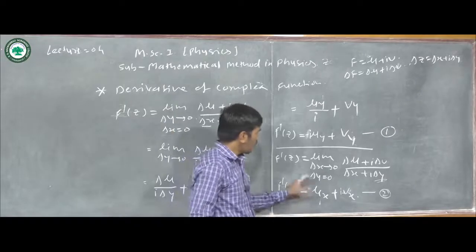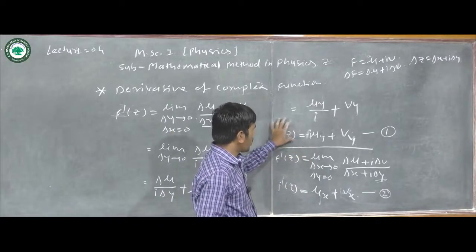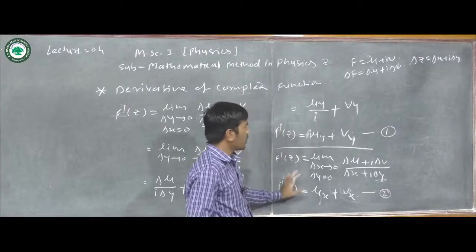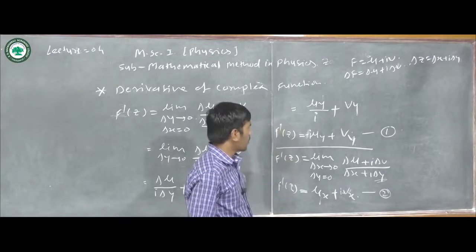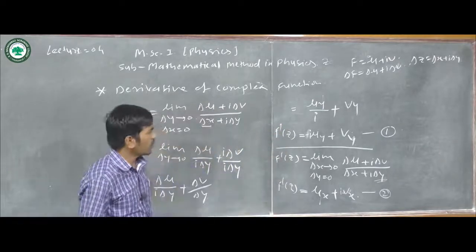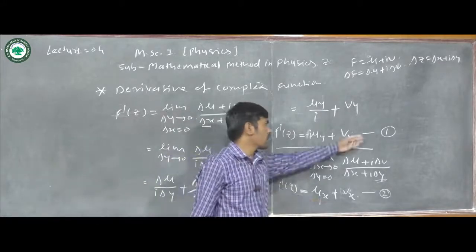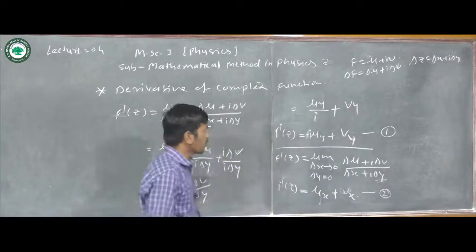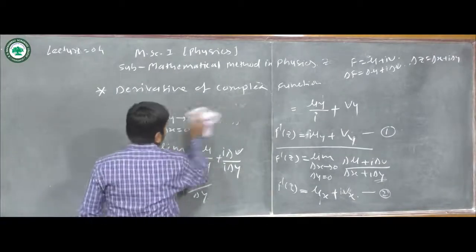Okay, so now if we consider the derivatives of this f(z), if the derivative of these two results is equal, then if we compare these two equations, 1 and 2, we get one relation, and that relation is very important.